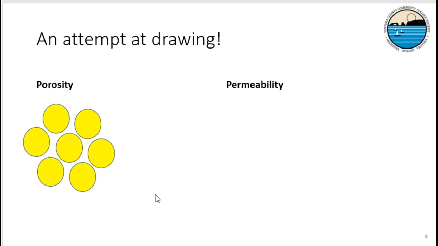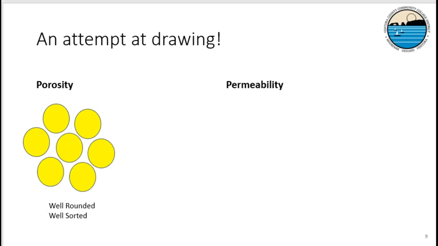And these grains of sand are going to be very well-rounded, and they're going to be well sorted because they are also around the same size. Actually, they're exactly the same size because I copied and pasted.